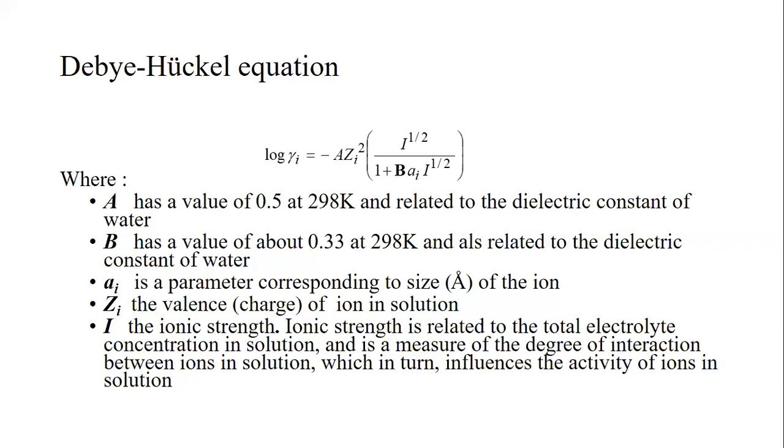If gamma was 1, that means activity and concentration are equal, but that's never the case. So gamma is usually a fraction less than 1, so that activity is less than concentration. So that's why the value here is negative. Never forget, when you calculate, if you miss this negative, all your calculations will be wrong.